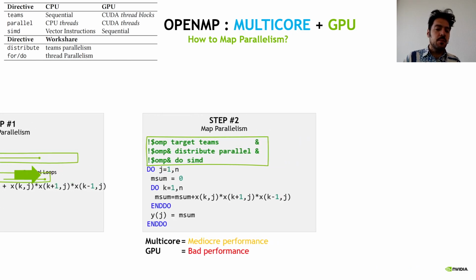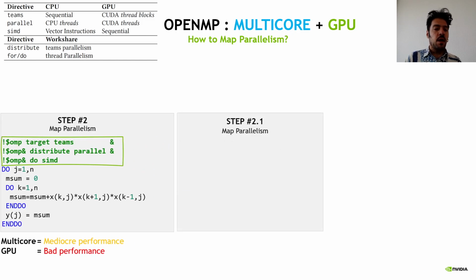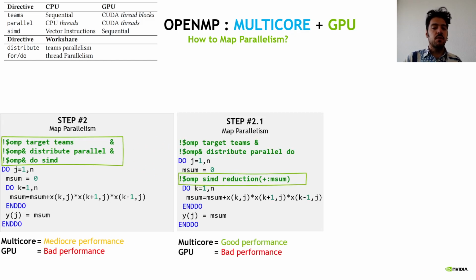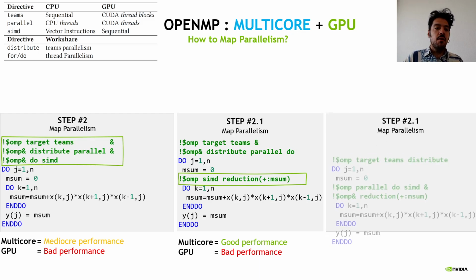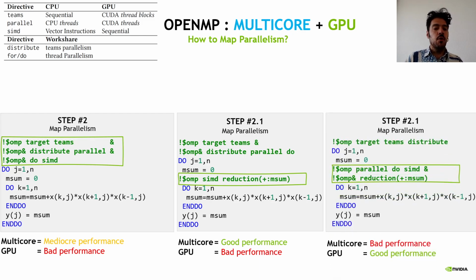Now let's improve the performance a little bit, and I am moving the SIMD directive to the inner loop for vectorization. I think I got the performance I desired or deserved from the multicore. On the GPU, my performance is still very bad. Now, to make my GPU happy, I am going to move the parallel directive to the inner loop. It finally gives me coalesced memory access and good performance.